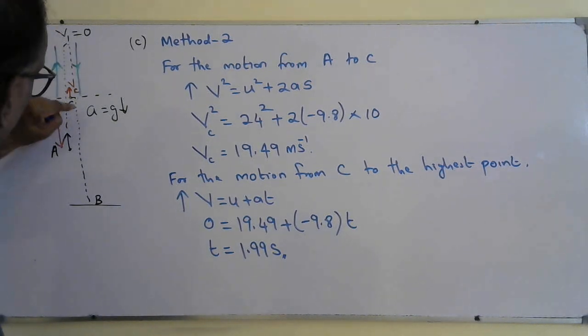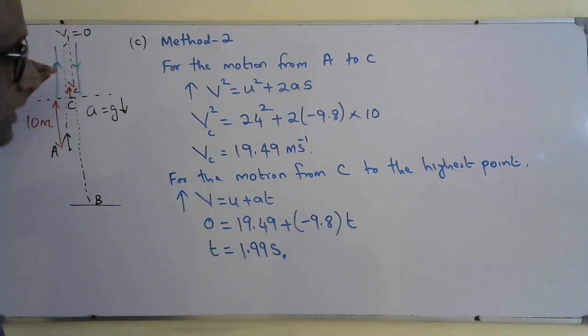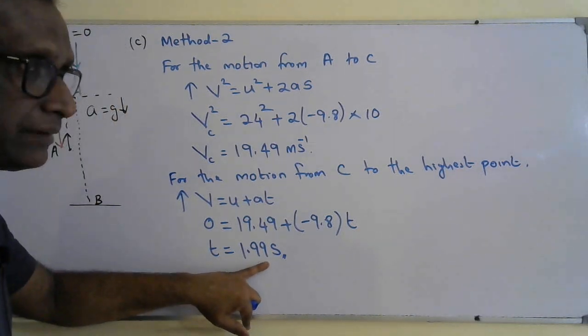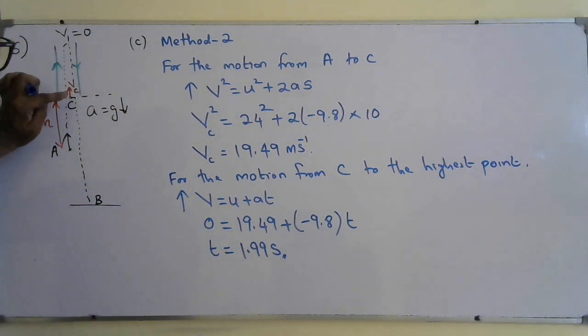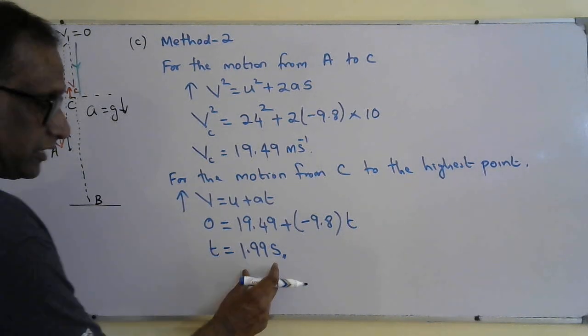Again, from the highest point to C, that time will be the same. Between two points under gravity, you learned that it is the same time. So to come back, the time will be the same. So the time duration the ball is above C, from C to the highest point and from the highest point to C, we have to multiply by 2.